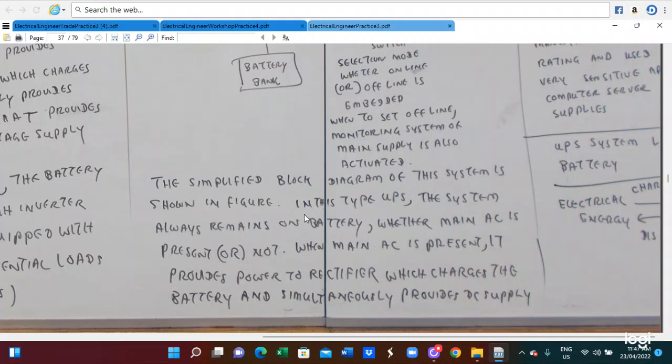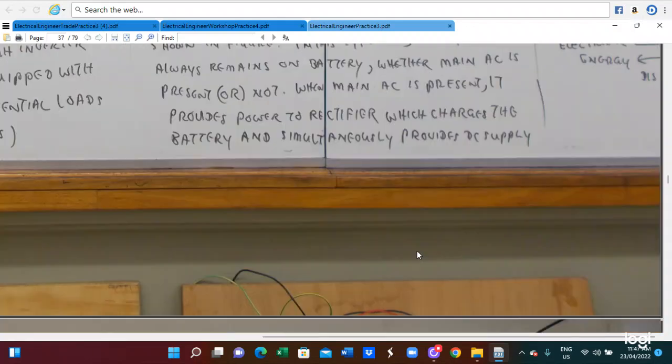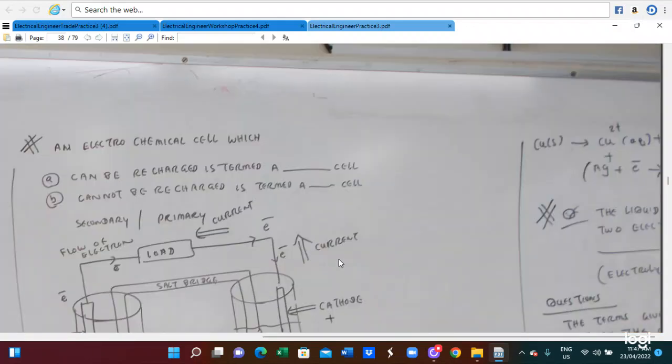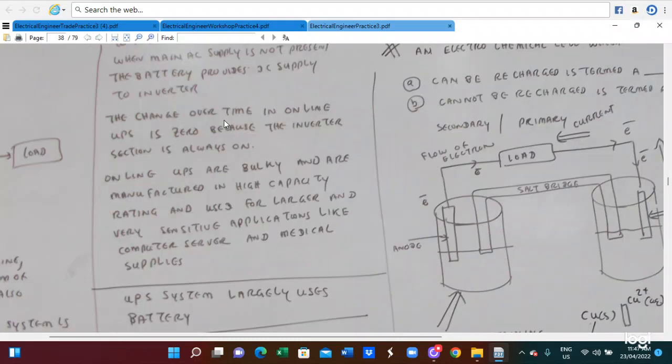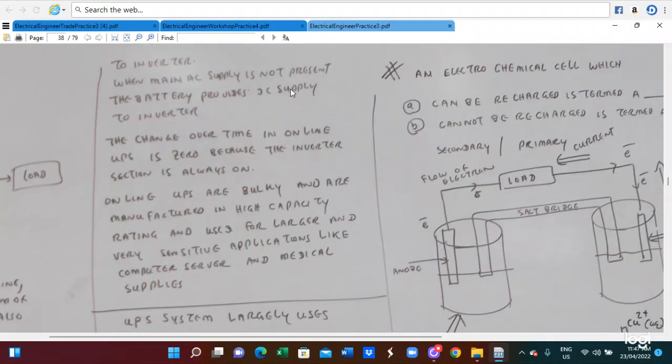In this type of UPS, the system always remains on the battery whether main AC is present or not. When the main AC is present, it provides power to the rectifier, which charges the battery, and simultaneously provides the DC supply to the inverter. When the main AC supply is not present, the battery provides the DC supply to the inverter.